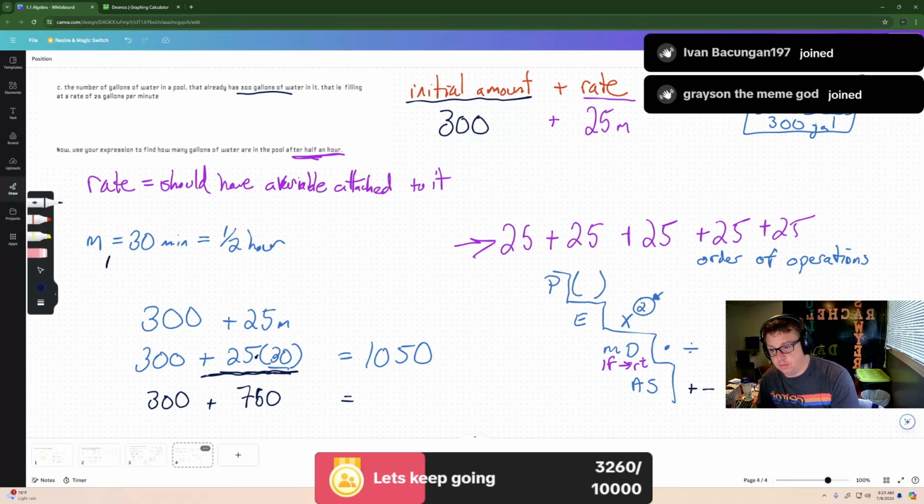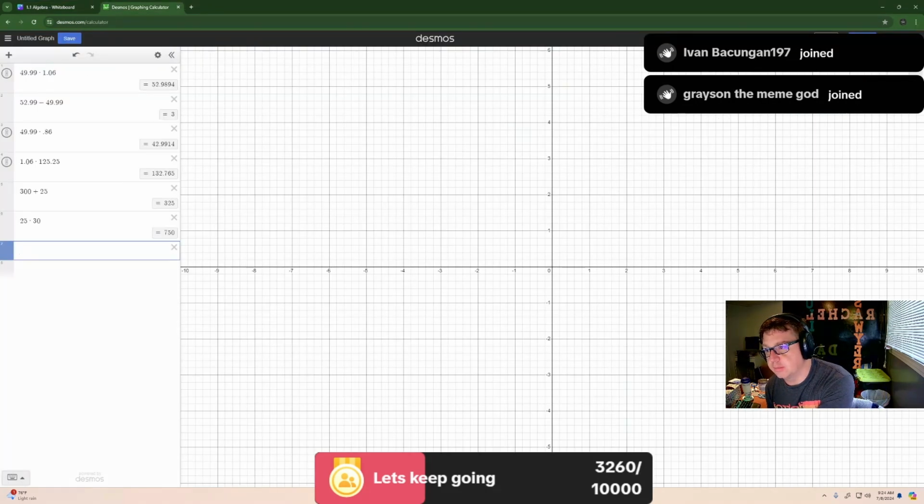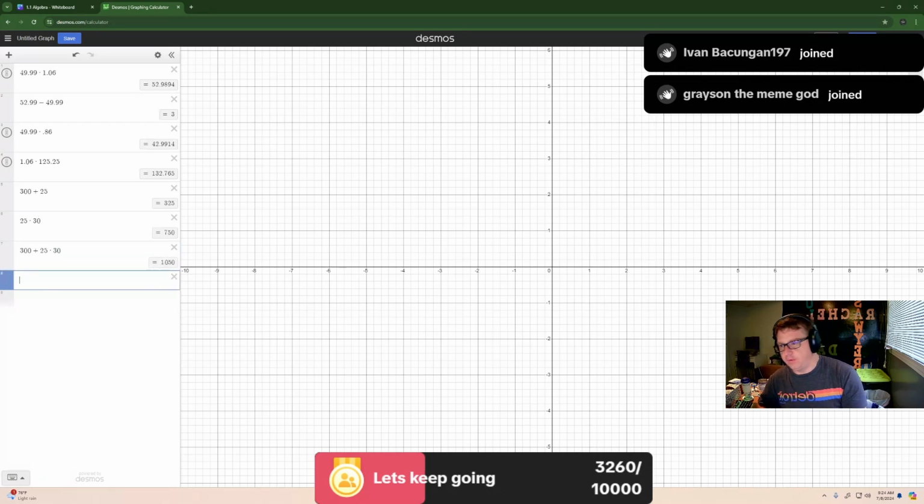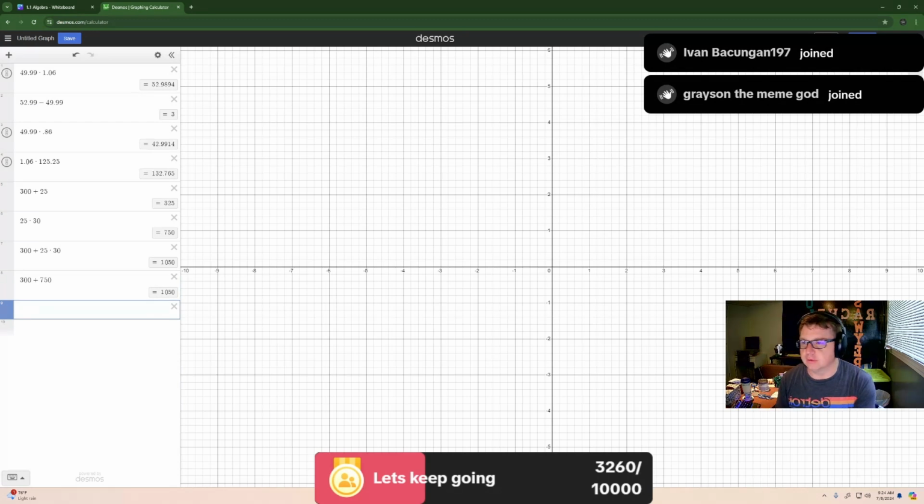If you do 7 plus 3, we get 10, still have 50 left over, and we show that both of those are the same. So we know that Desmos does follow order of operations when you type some stuff in. Don't always fall back on that, but just know. So that 1050, and we could have done 300 plus 750 and still get that same answer either way. So it is doing that multiplication.